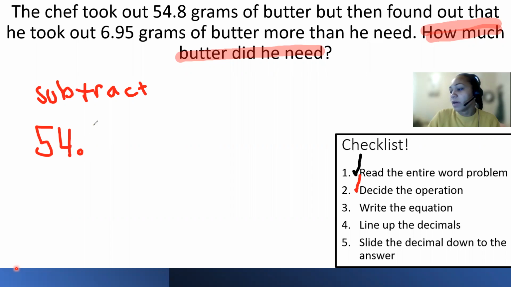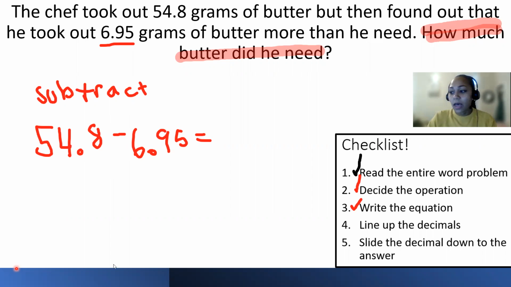54.8 grams of butter is how much you took out to start with. And then he found out he took out too much. How much did he take out that was extra? 6.95 extra. That is your equation. Now, to find the answer, you need to line up those decimals. Remember, you always line them up vertically right on top of each other.